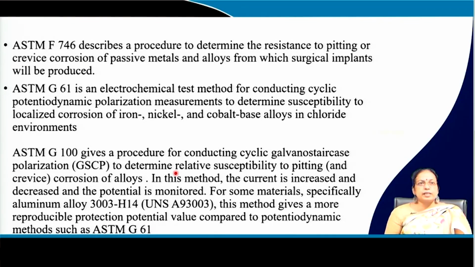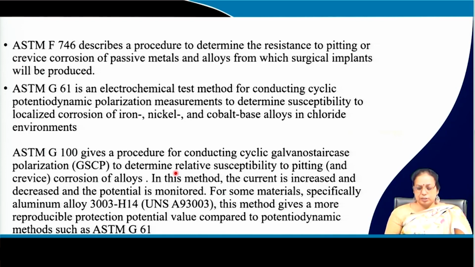There are different ASTM standards which are noted here. ASTM F746 gives you the procedure to determine the resistance to pitting or crevice corrosion for passive metals for surgical implant applications, and G61 gives the electrochemical test method.